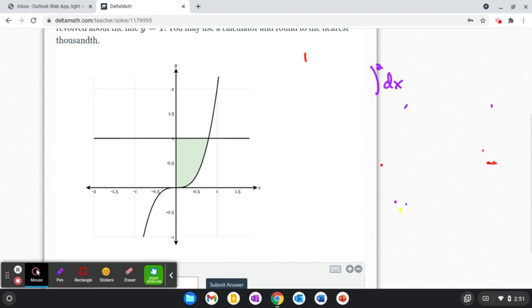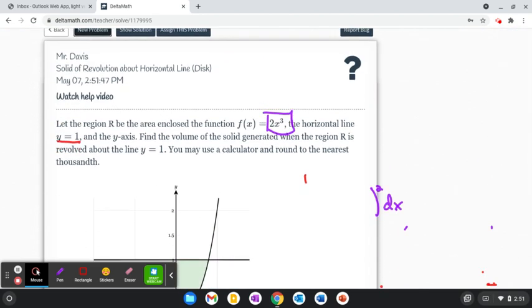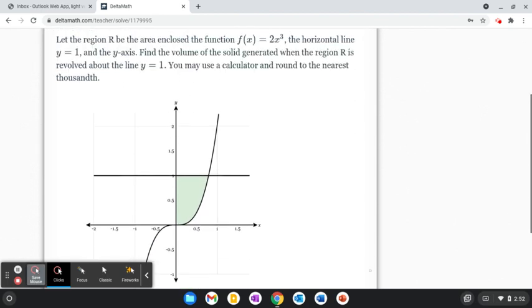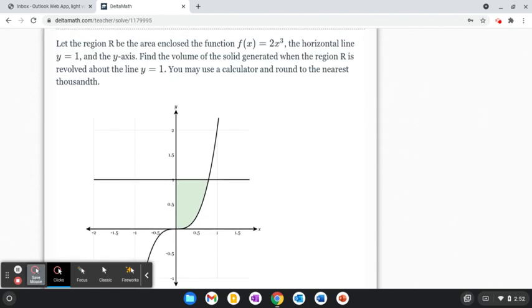All right, I'll just go ahead and set up one more. So this one, same deal, region bounded by f of x equals 2x cubed, and the horizontal line y equals 1. Find the volume when it's revolved around that line y equals 1.